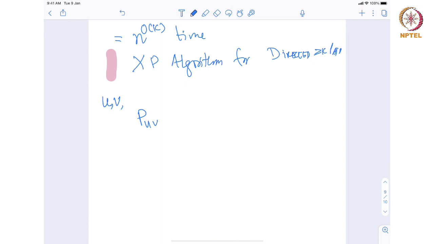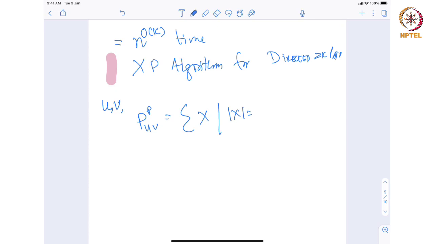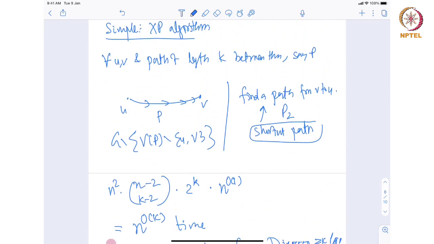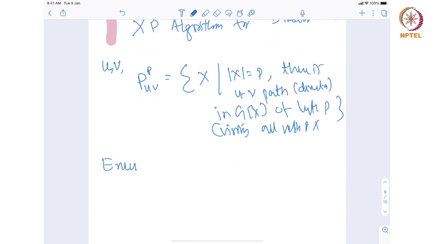Let us call this P_k(u,v), all the sets X with size of X equal to k, so that we recall the definition: there is a directed u-v path in the graph induced on X, visiting all vertices of X. This is right, and what we did here was to enumerate P_k(u,v).